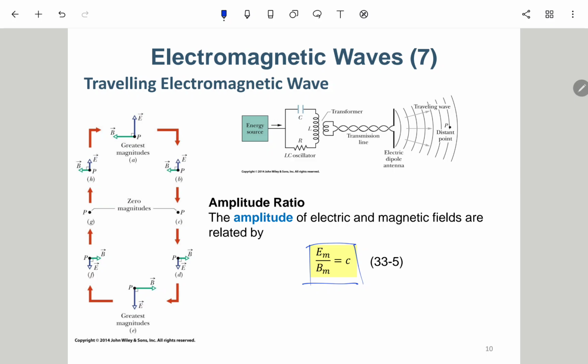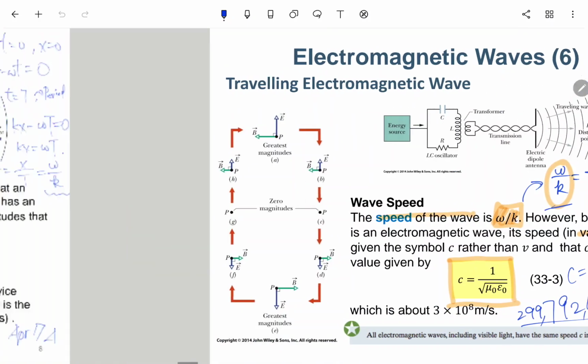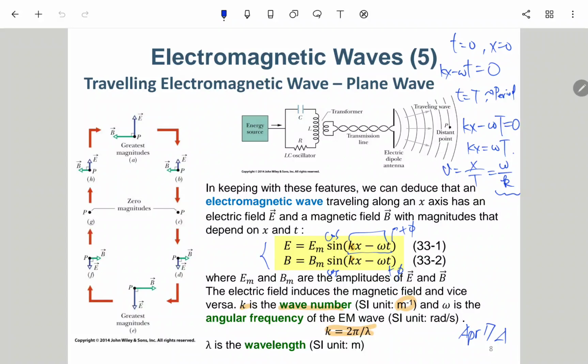Altogether, we will derive the wave equation from the differential form of the Maxwell equations. By solving the wave equation, we will get to know E and B will be like that, maybe cosine of this stuff and cosine of this stuff. The only important point is that E and B are in phase.